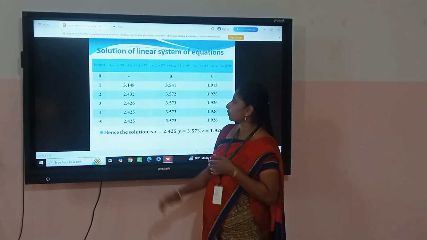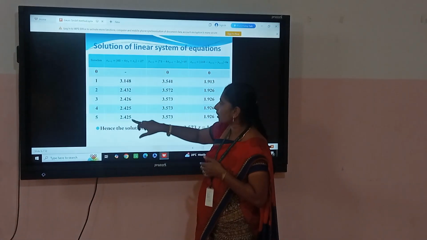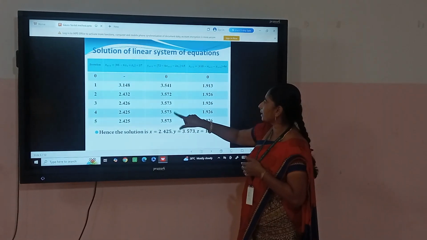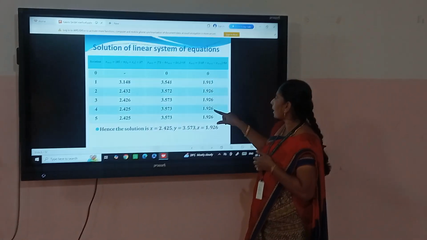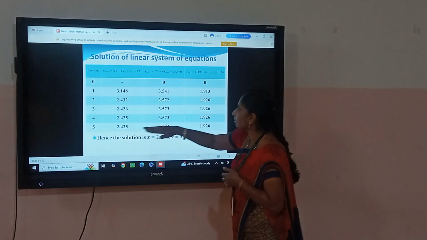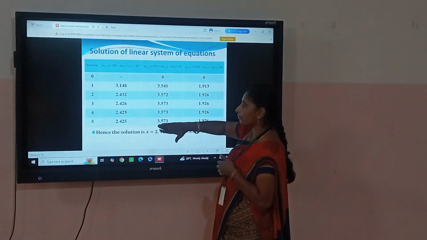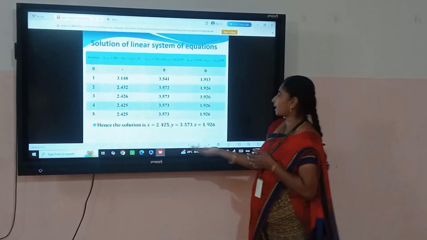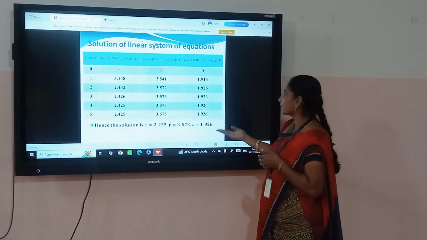When we finish, the x value will be the same, also the y value will be the same, also the z value the same. So all the values will be the same as in the previous iteration. Then we stop the solution and get the x, y and z values.